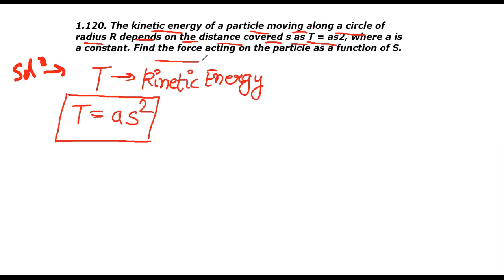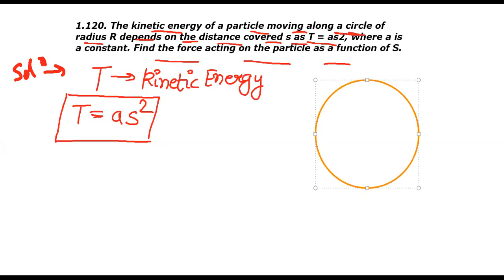Now we are asked the force acting on the particle as a function of s. Since the particle is moving in a circle, let me draw a diagram for you, students. Let us suppose this is the track of the particle, and the particle is here.